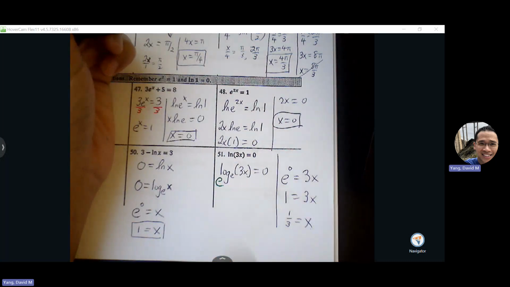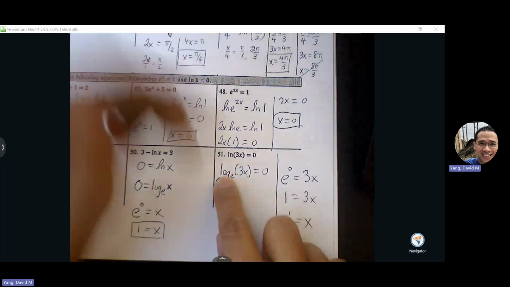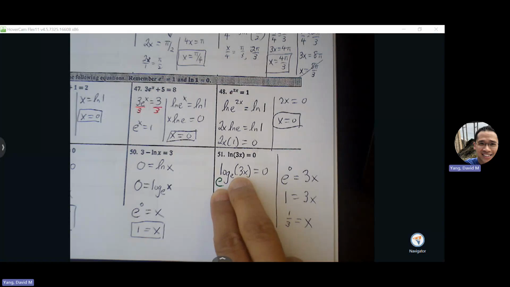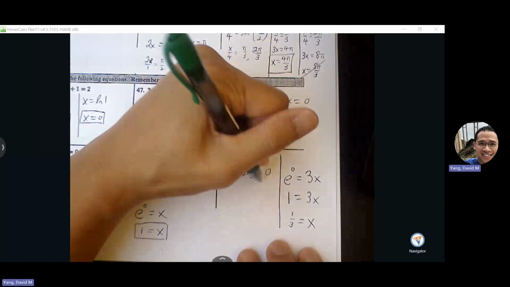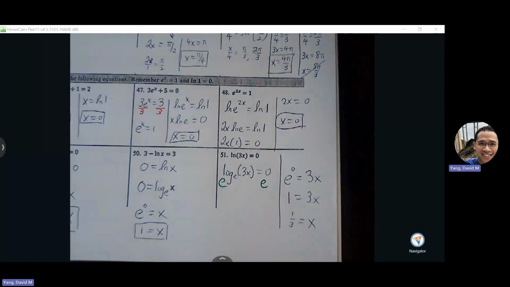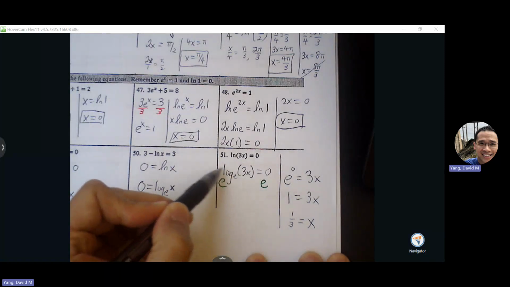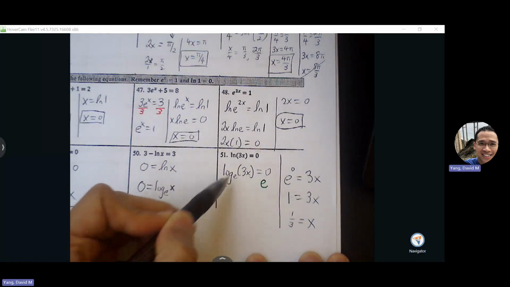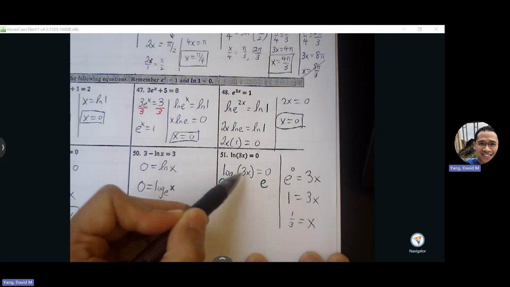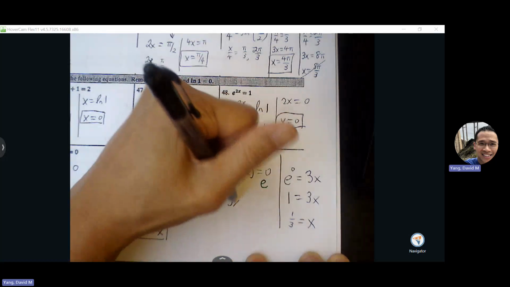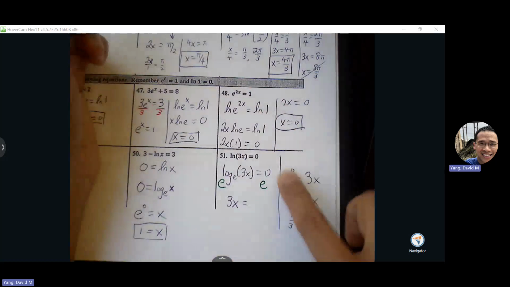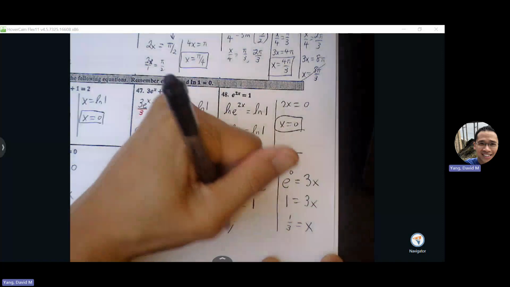If I stick a log inside an exponential function of base e, they're going to cancel each other out. So if I raise both sides with e as the base, I can get some things to cancel out nicely. e and log base e will naturally take each other out. And then we're left with 3x is equal to e to the 0, and e to the 0 is equal to 1, and we get the same result. x is 1/3.